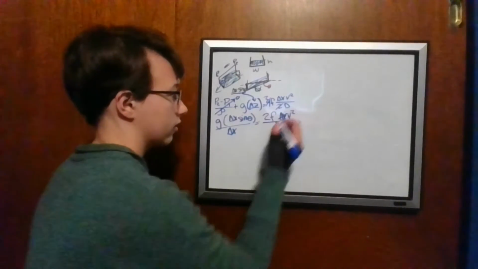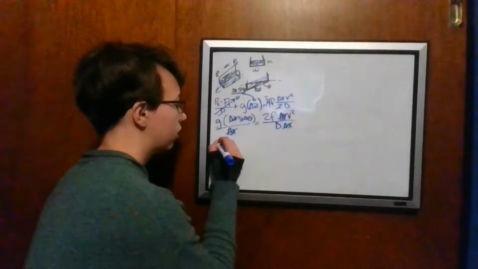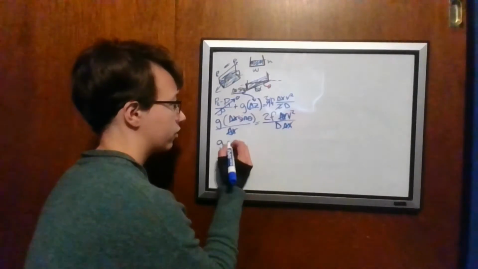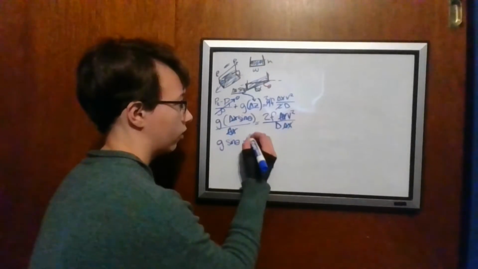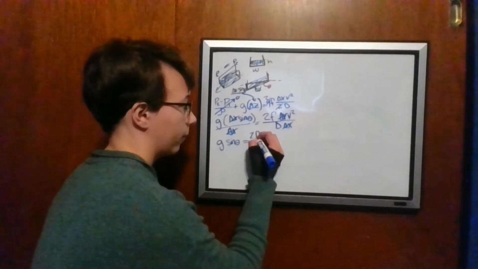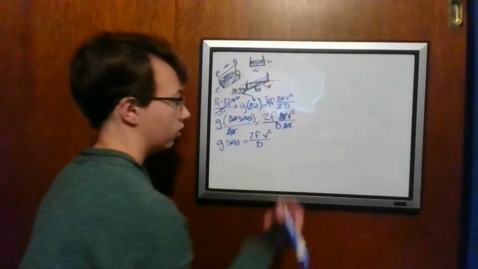So these delta x's cancel, and we've got that acceleration due to gravity times sine of theta is equal to 2 times the Fanning friction factor times velocity squared over d.